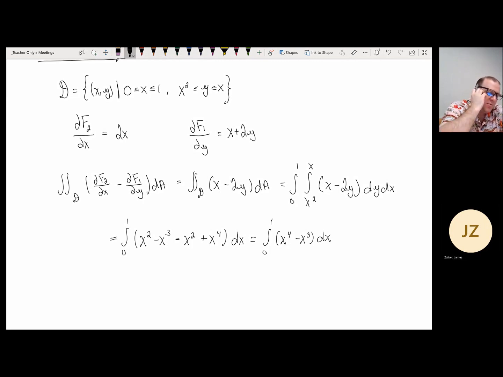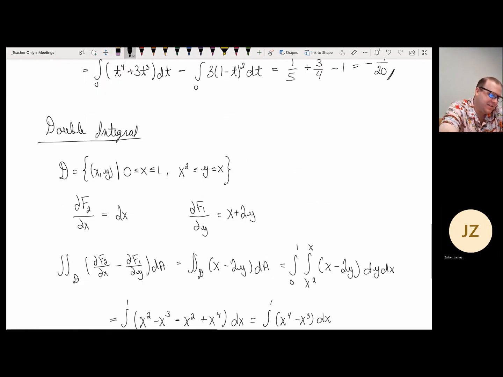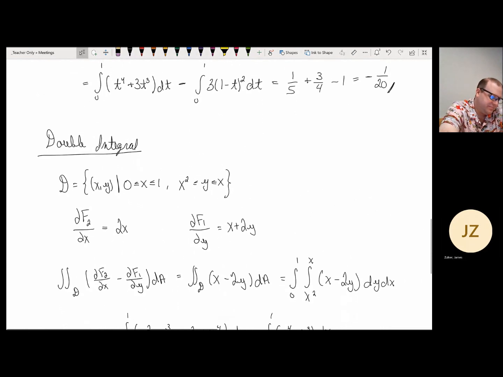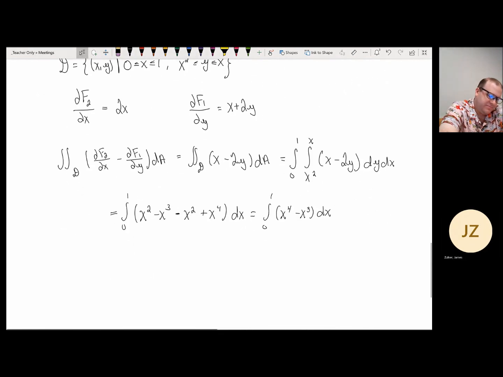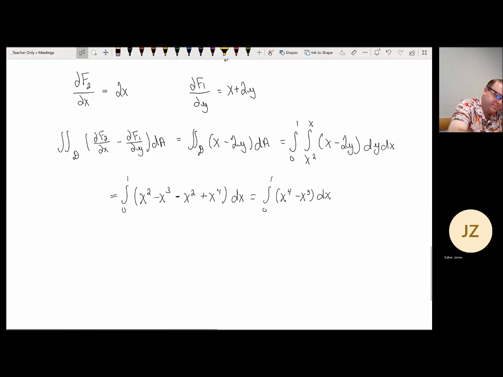So integral 0 to 1 x to the fourth minus x cubed dx. Would be 1/5 minus 1/4. Which is negative 1/20th.